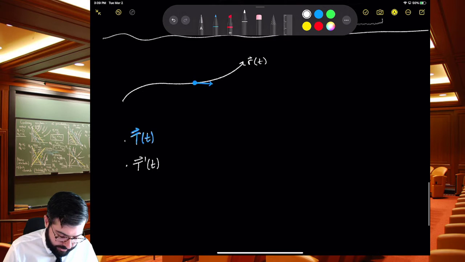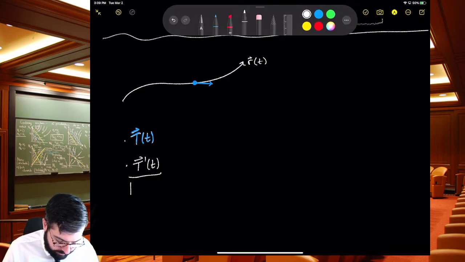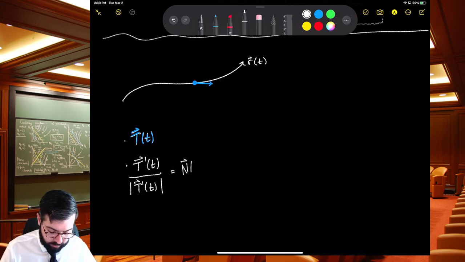And so if we take that and normalize it, meaning make its length 1 unit, so we divide by its own magnitude, all we're really doing is stripping out the magnitude and saying we don't care what that is. We just care about the direction in which the direction is changing. And we call this the normal vector.